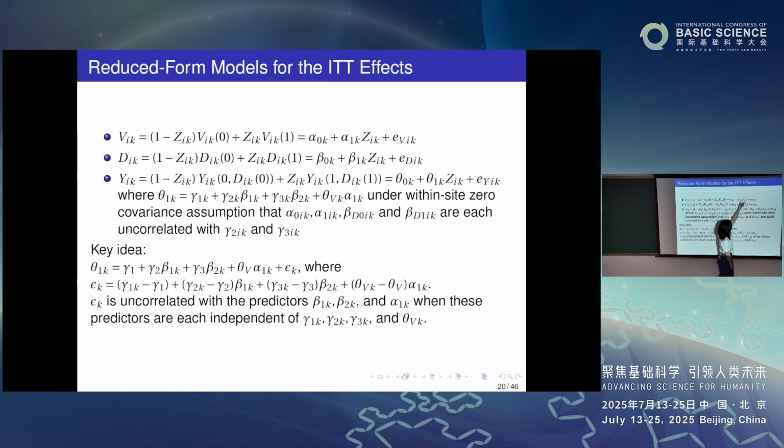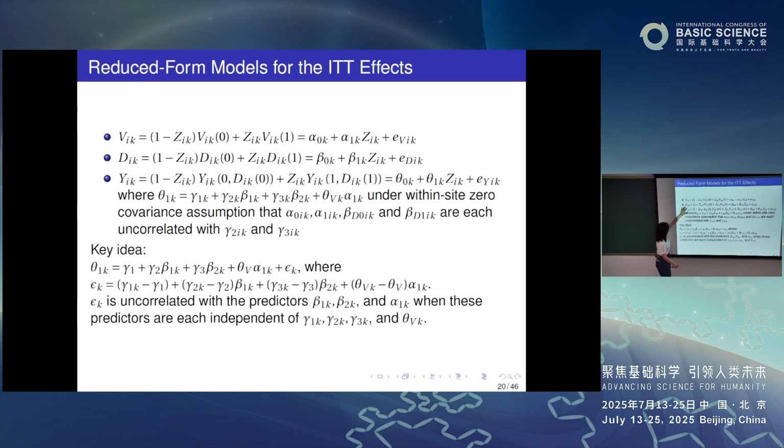And similarly for this term, you put the difference between alpha 1 ik minus alpha 1k times Z ik into the residual. And you would see that due to randomization, Z is independent of those individual specific alphas, and therefore this residual is uncorrelated with Z. So you can unbiasedly estimate alpha. Okay, so this is the idea.